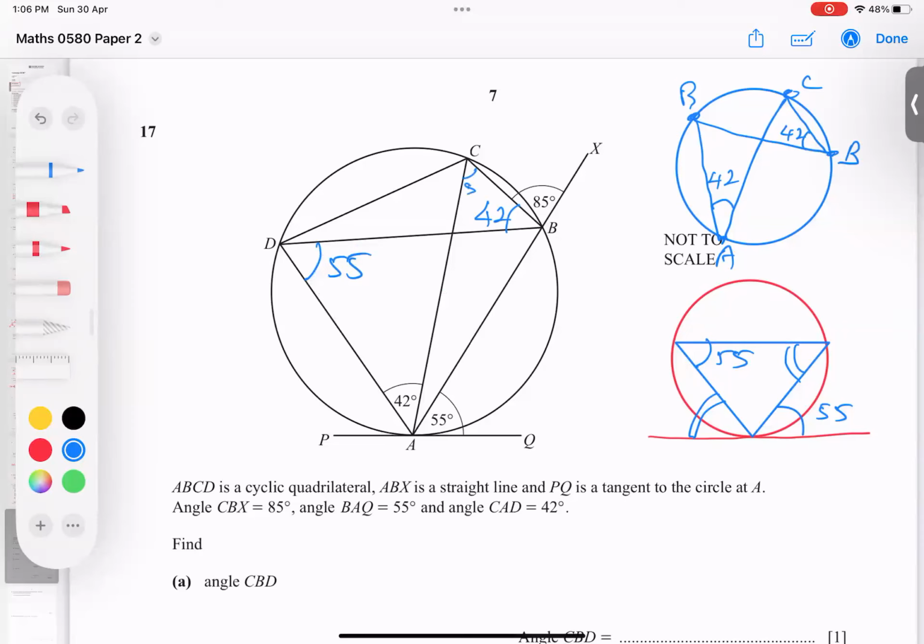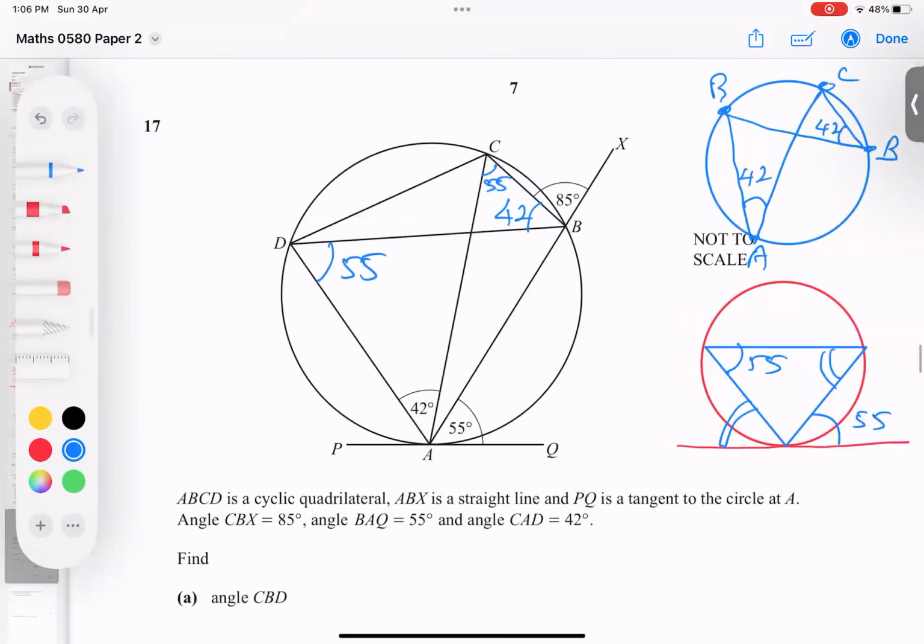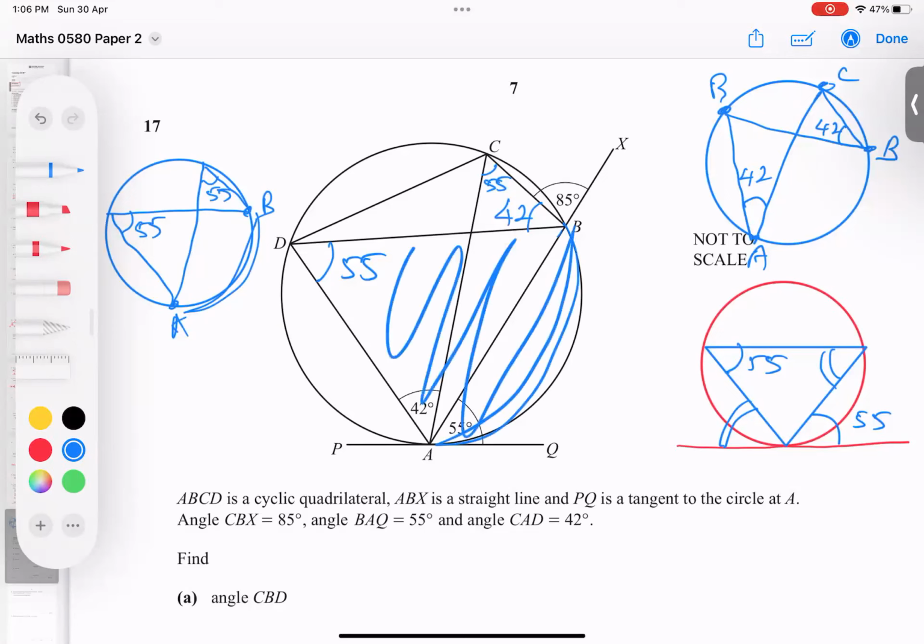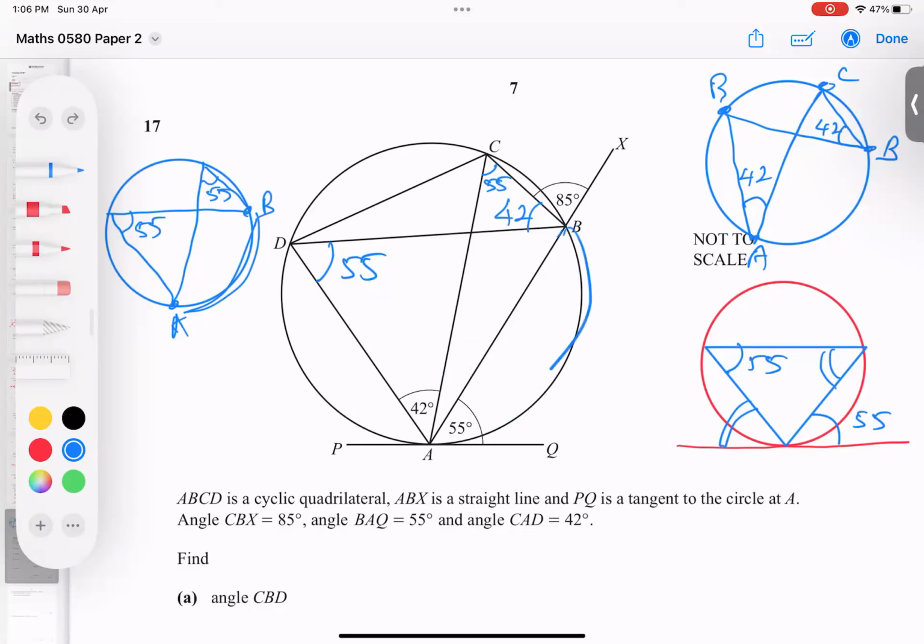You can ask me how. Look at here, I show again this property. This A is here and B is here. I meet at this point and this is 55. So if I meet at this point it is also 55 because this arc is the same. I'm moving and getting this angle, this arc is the same and moving to this angle. So they are the same. I hope you got the idea.